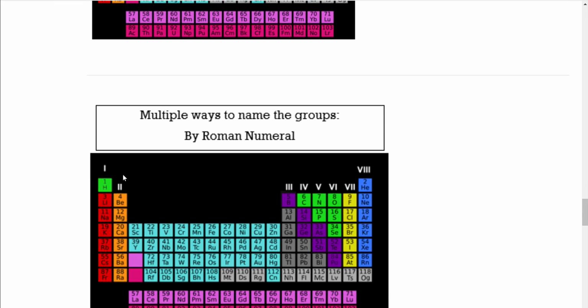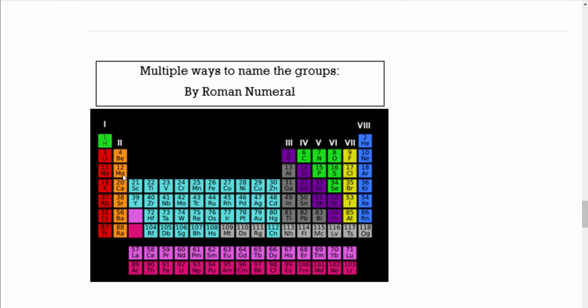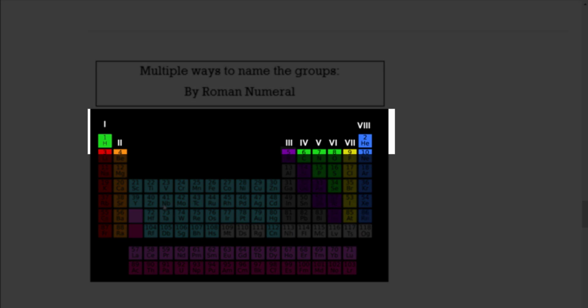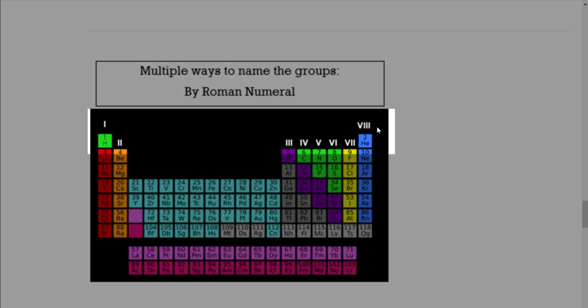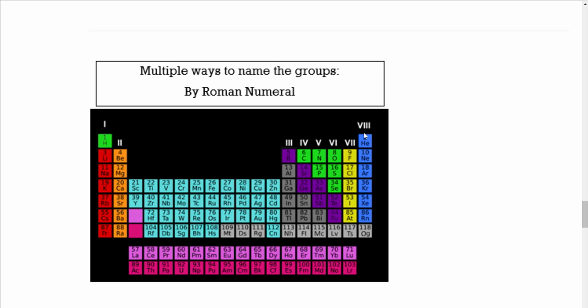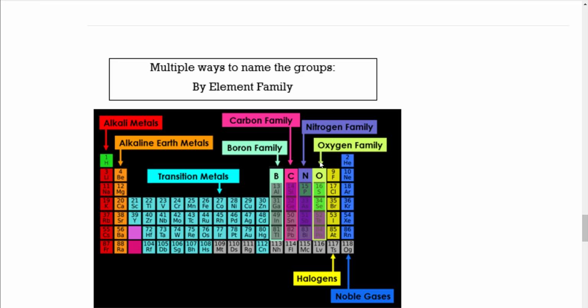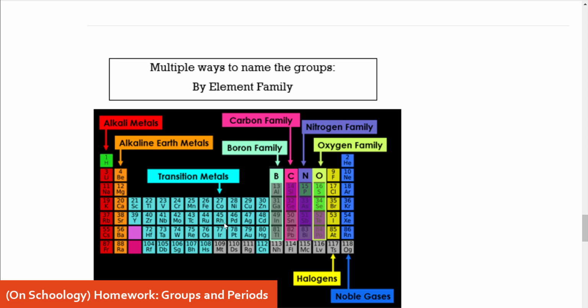But we can also name the groups by Roman numeral. For the Roman numeral system, we're going to ignore the transition metals. So hydrogen is in Roman numeral 1 group, oxygen is in Roman numeral 6 group, helium is in Roman numeral 8 group. And then there are the family names as a way to name the groups.